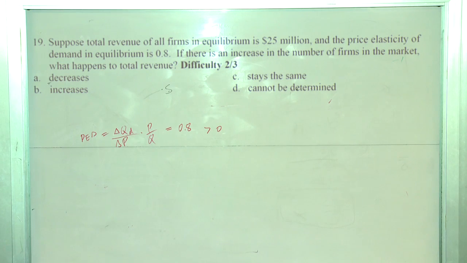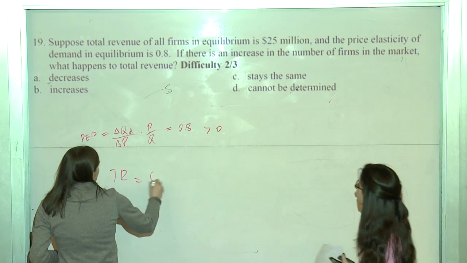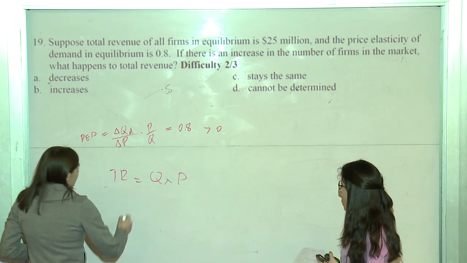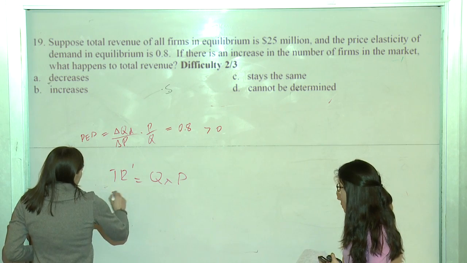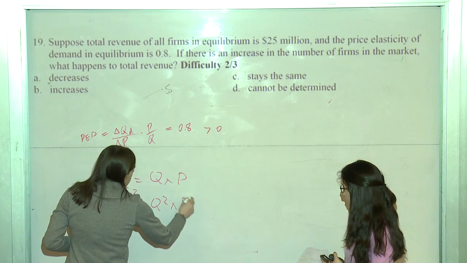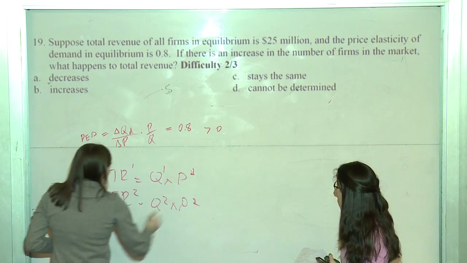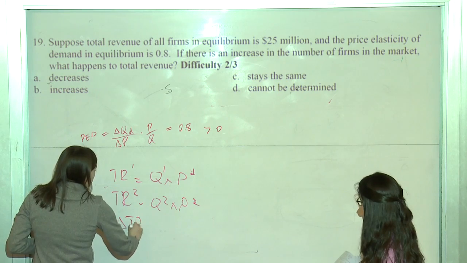Can you say that again? I didn't hear. Well, we asked about revenue, right? So total revenue is quantity times price. Total revenue 1 is quantity 1 times price 1, total revenue 2 is quantity 2 times price 2. So the change in total revenue is what we're after.